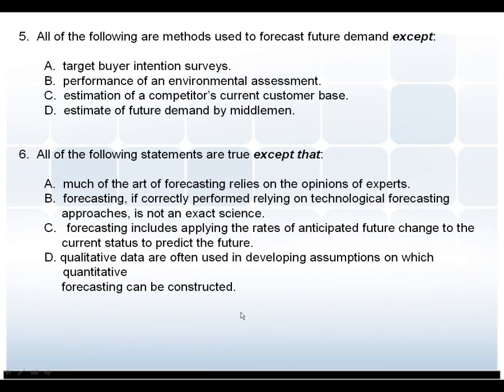Let's move on to question number 6. All of the following statements are true except. Is someone doing it?